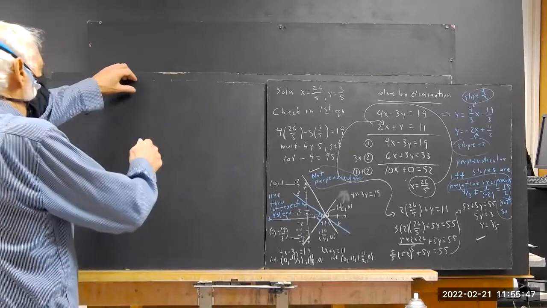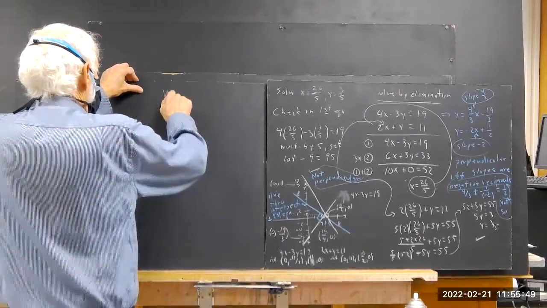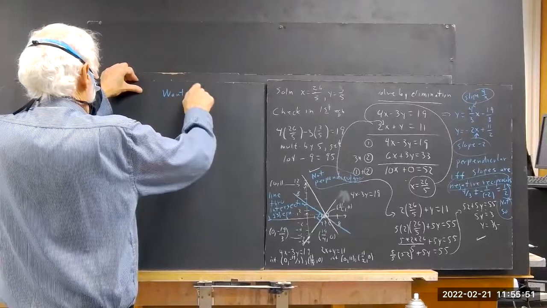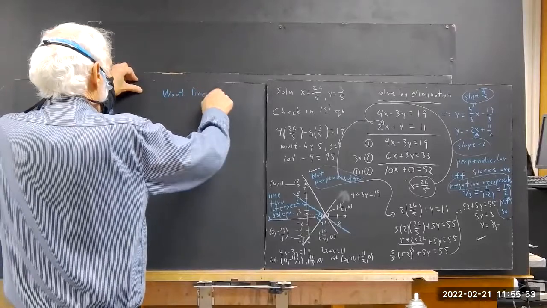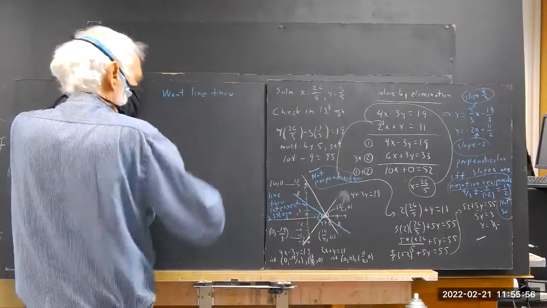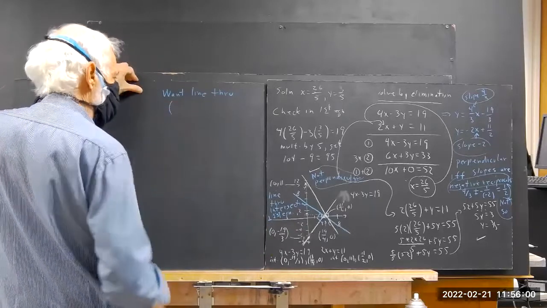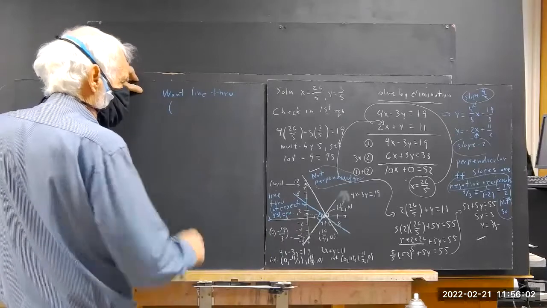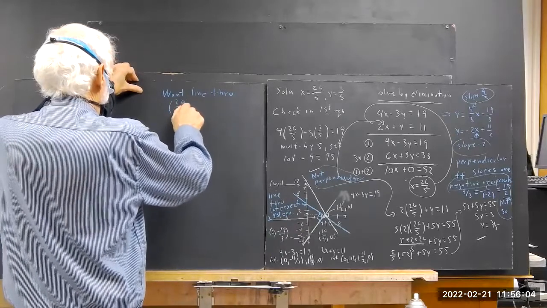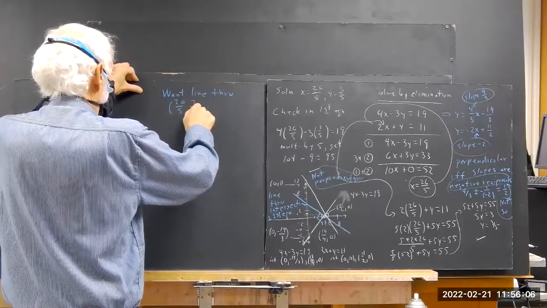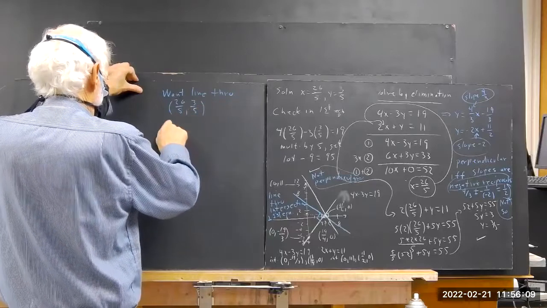So we want a line through the point of intersection, which is, make sure I've got it right, 26 over 5, 3.